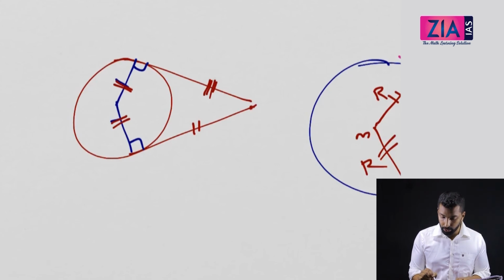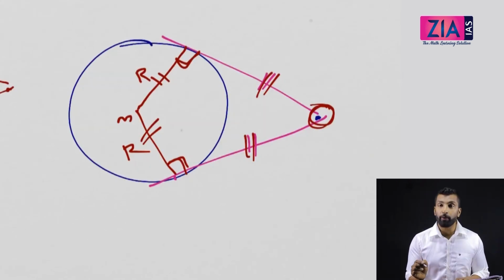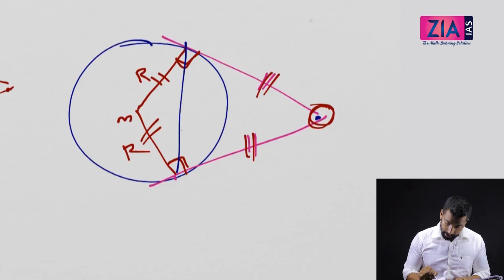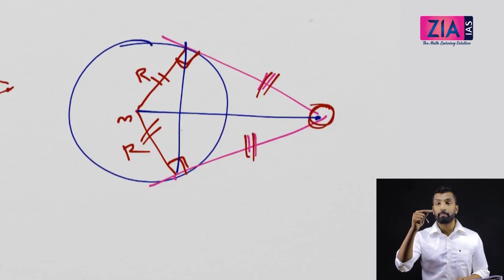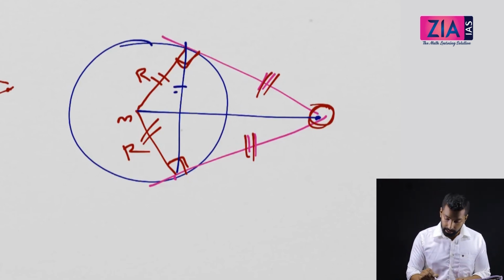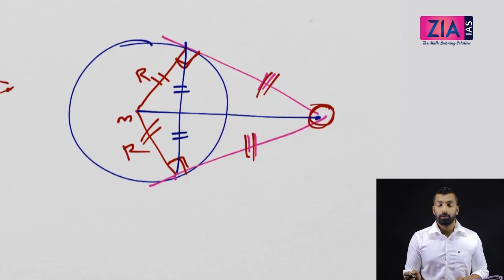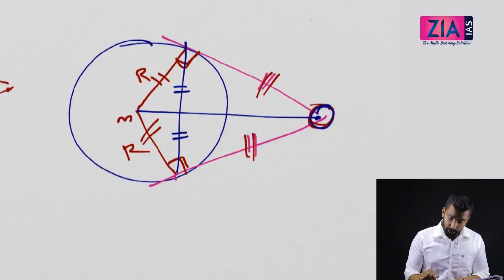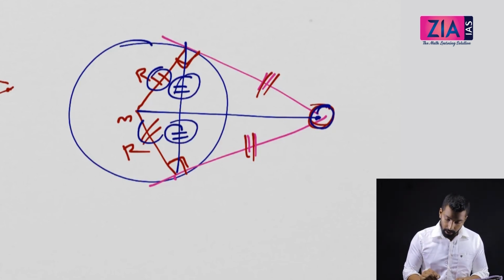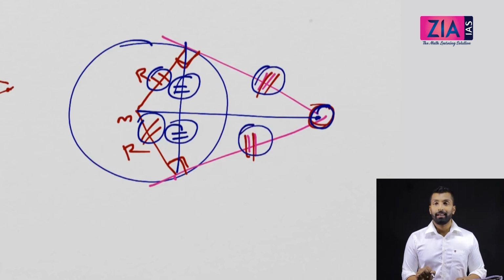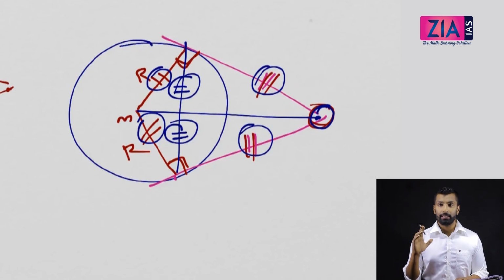One more point: if you drop the diagonal, one diagonal is a perpendicular bisector of the other diagonal, so this and this are equal. This is also going to be very useful. From this external point, you got a kite. You know these two are equal, these two are equal, and these two are equal. If you are getting at least one, it is going to be very easy for you. So just keep this in mind.